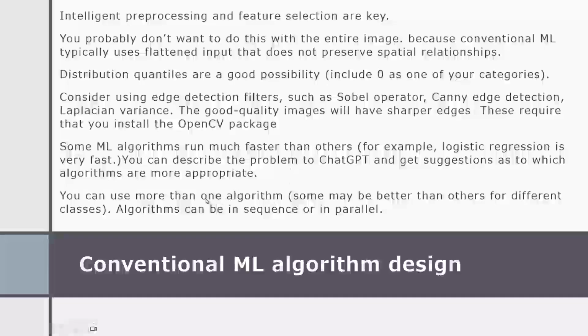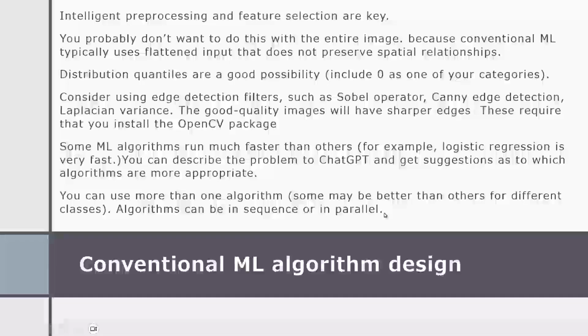Now, another thing you might consider is to use more than one algorithm. Some algorithms may be good for some classes, and some might be good for others. So you can run these algorithms in sequence. First, you do one algorithm, and then you can run another algorithm on the images that don't get classified during the first algorithm, right? So you could do them in sequence, or you could do them in parallel. You can run multiple algorithms on the same data and then do a majority vote.